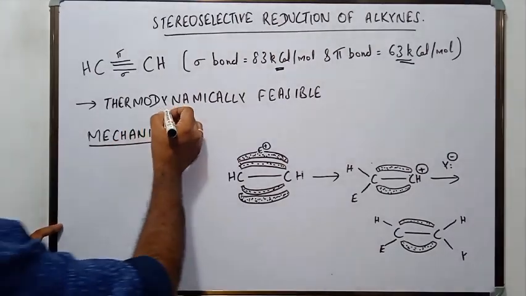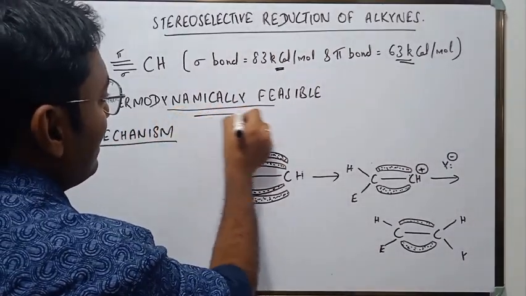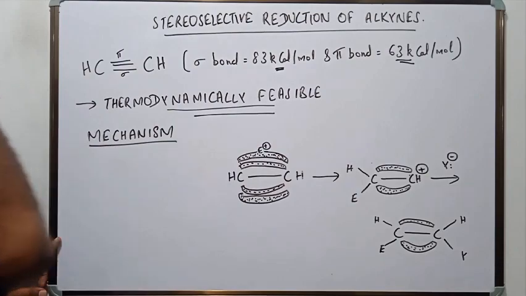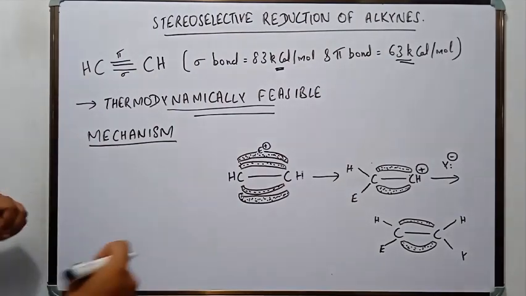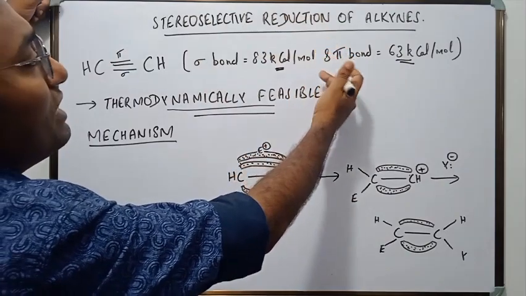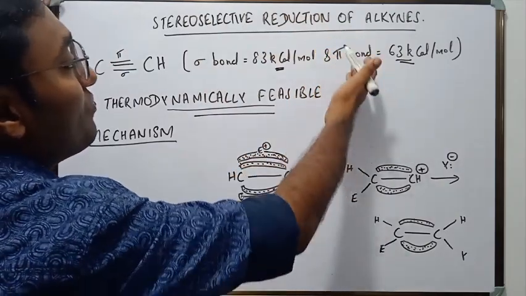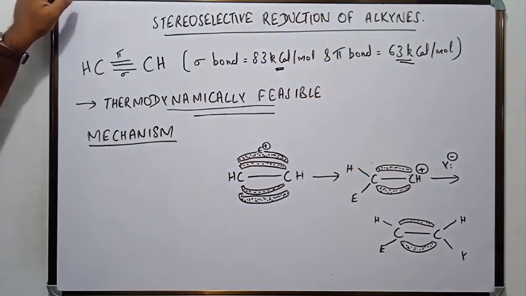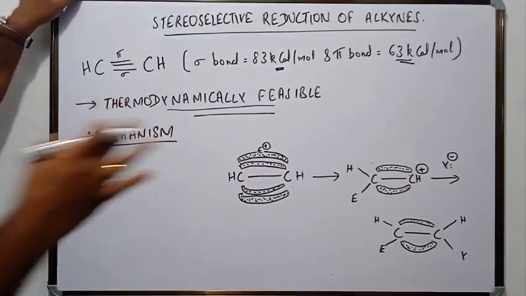So the reaction here, that is hydrogenation, is a thermodynamically feasible process because more energy is released when 2 sigma bonds are formed rather than the breaking of 1 pi bond. Correct? So it is a thermodynamically feasible process.